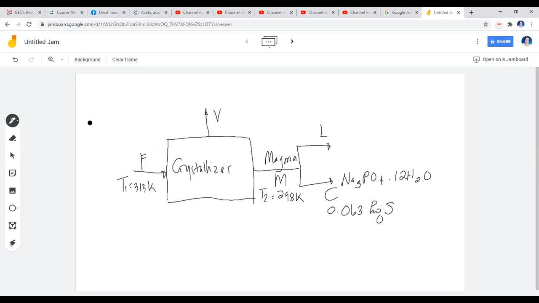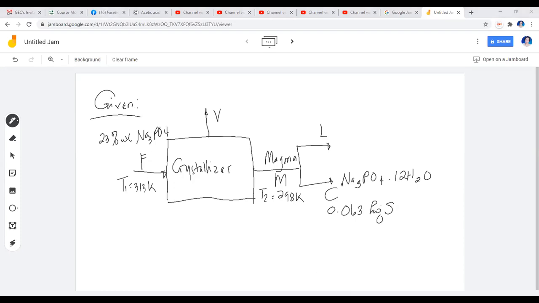Your feed here consists of 23% by weight sodium phosphate. By the way, this is the given information. Okay, how do we put the 23% weight sodium phosphate there?